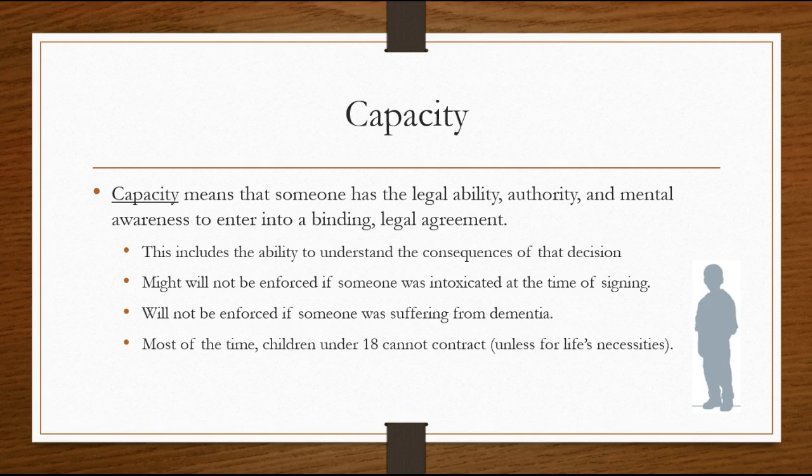And then typically children cannot contract, and children typically is defined by under the age of 18 years old. Now, there are exceptions, obviously emancipated children. There's also exceptions if a child needs some sort of necessity item like food or shelter.